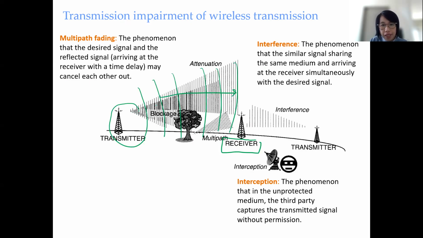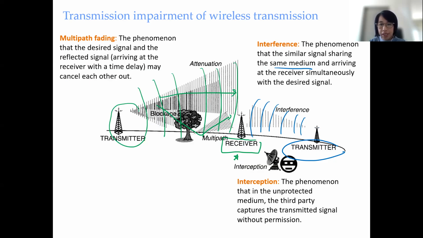Both direct and indirect path. And also this receiver receives a signal from a different transmitter. Sharing the same medium means, in this case, the same spectrum range. Okay, so this is another transmitter and it propagates the signal also, right? And the receiver will receive more than one signal, of course.